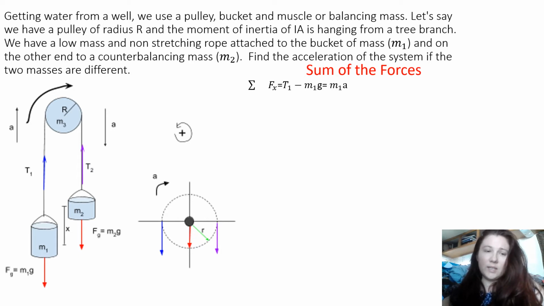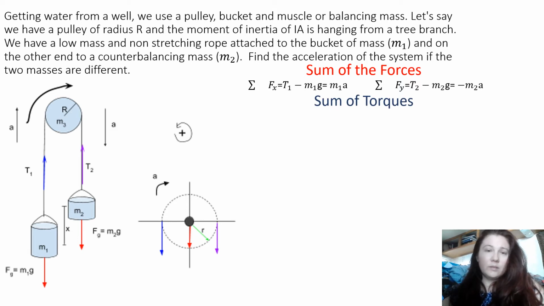Now that's the same as Fg that I have shown at the bottom. And then we're going to consider tension 2 minus mass 2 times gravity. Now you can see that both of them end up being m, the mass, times acceleration. Well, one of them we need to make negative, so I just made this one negative.